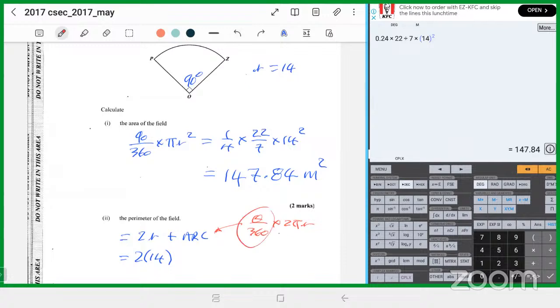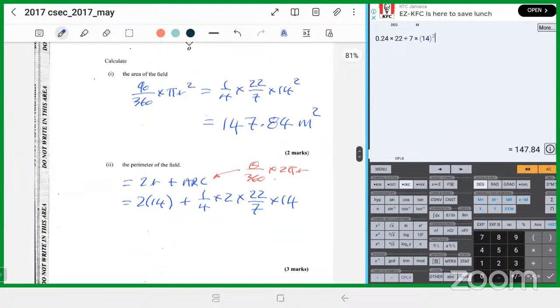This theta over 360 becomes a quarter because it is 90 over 360. So it's a quarter circle, times 2 times the pi is 22 over 7, times the radius 14.